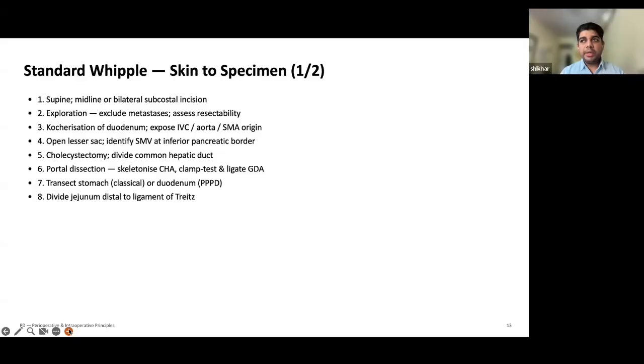Sir, if SMA encasement is there. No, SMA encasement is seen on CT scan. You have opened the patient, you have seen distant metastases are gone. What findings should you look for before you go on to do anything, the point of no return?